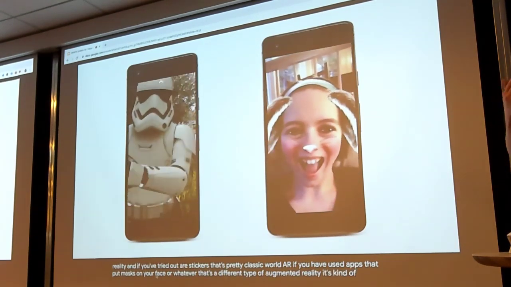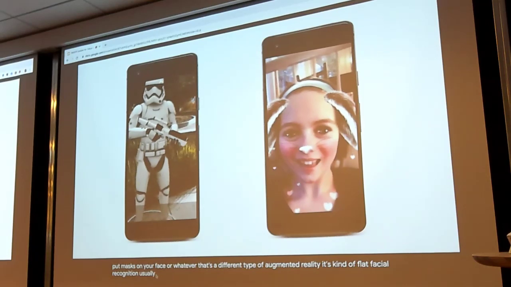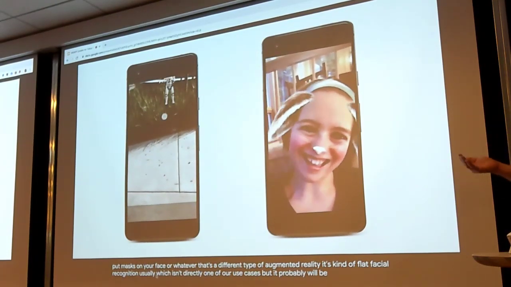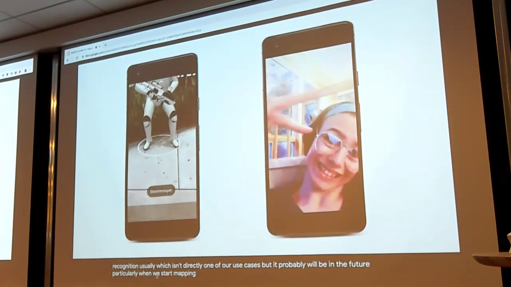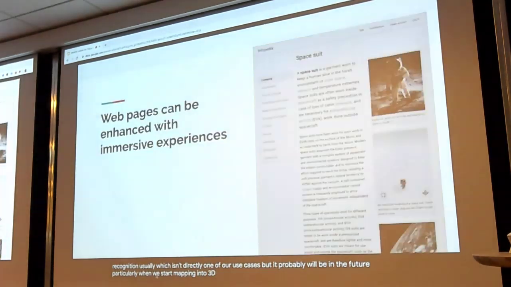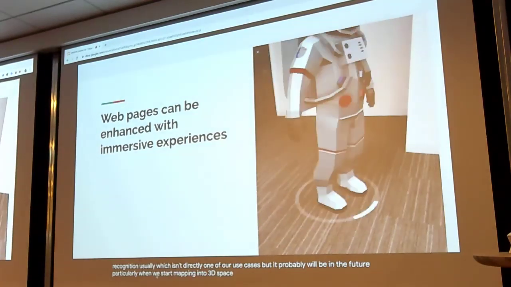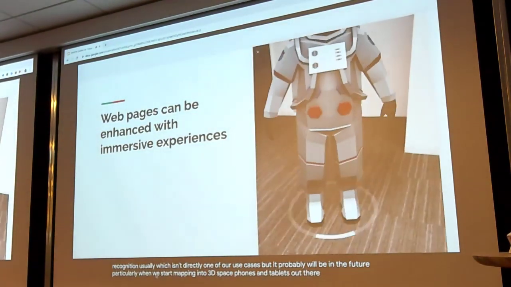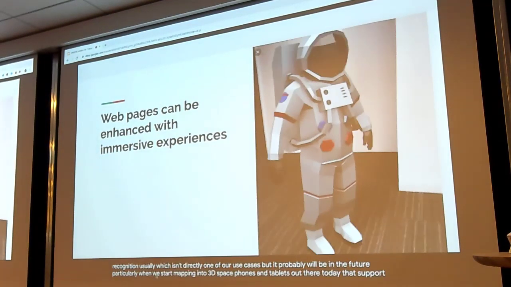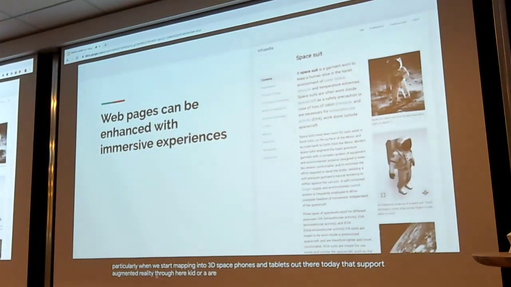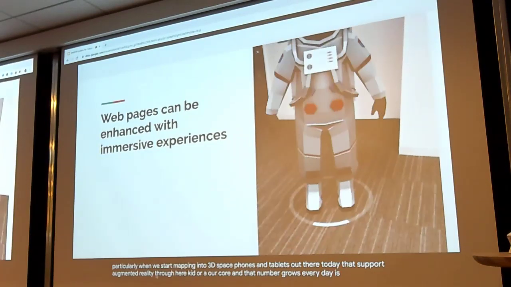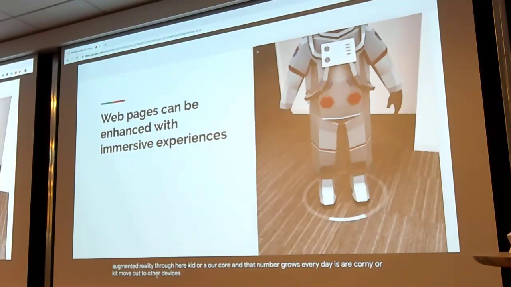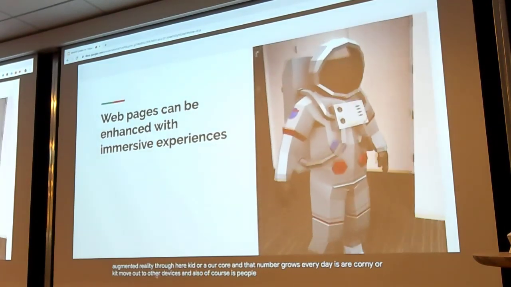It's kind of flat facial recognition usually, which isn't directly one of our use cases, but it probably will be in the future, particularly when we start mapping into 3D space. And there are hundreds of millions of phones and tablets out there today that support augmented reality through ARKit or ARCore, and that number grows every day as ARCore and ARKit move out to other devices, and also, of course, as people upgrade their devices.